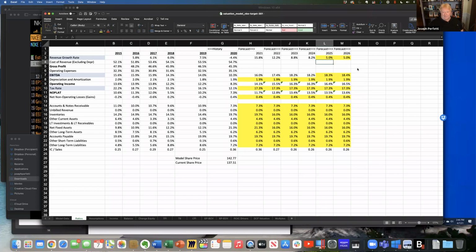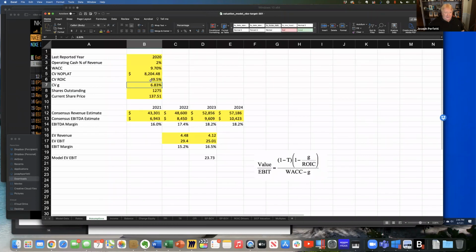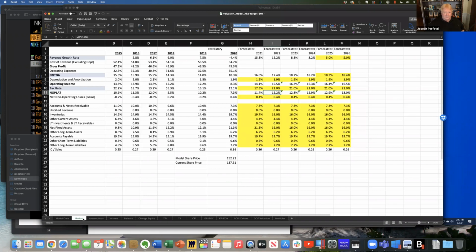So I'm going to put these growth rates at 5% in the out years. I am going to say that we are probably going to be faced with some level of higher tax rate, but I do think that the G's are going to be higher, and this G might not be 7.5%, but it might be 7.2%, which gets me to an overall share price of 152.